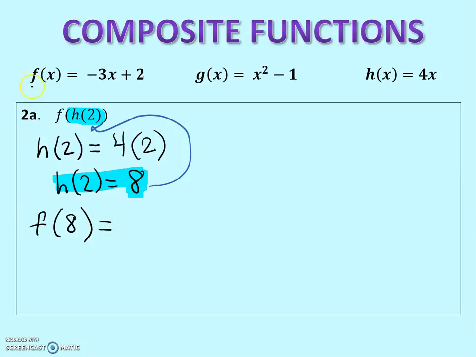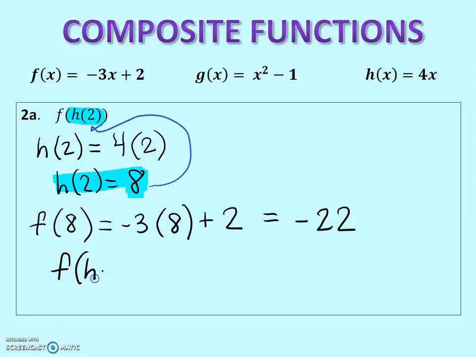Now since that's the f, it brings us to this function here, let's plug that in. -3 times 8 plus 2, if we do that on our calculator, that's going to give us -22. Alright, so that's our answer. f of h of 2 equals -22. Done.